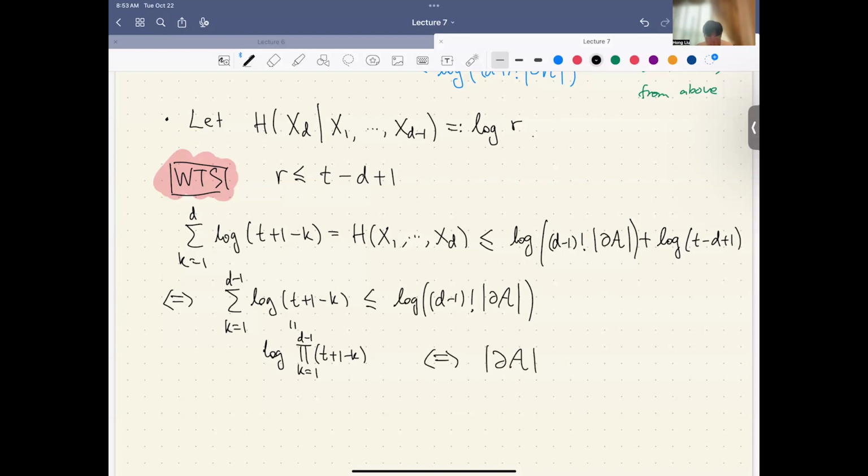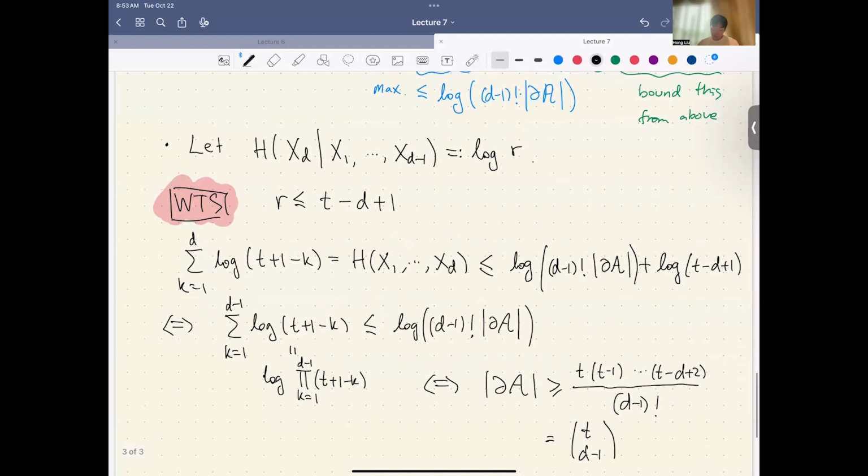The last step is a simple calculation. We have this is at least t minus 1 down to t minus d plus 2 over (d minus 1) factorial, which is precisely the t choose d minus 1 we want to prove.